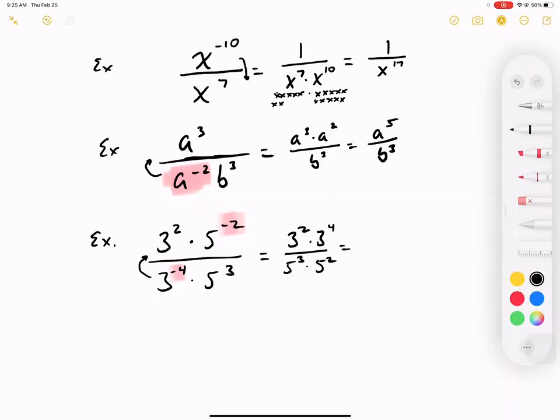Okay, now we can combine it. 3 squared and 3 to the 4th. We're combining our exponents. We have 3 to the how many? Is it 8 or 6? Hopefully you'll notice that 2 plus 4 is 6. And on the bottom, we have 5 cubed and 5 squared. Since we have the same base, we can combine them to be 5 to the 5.